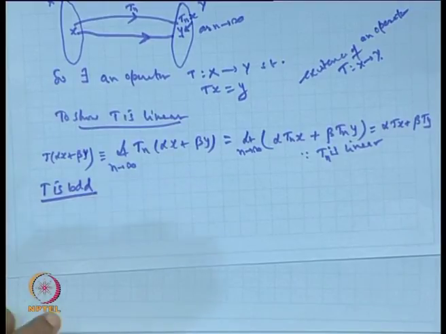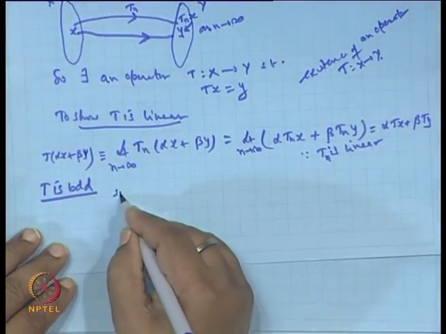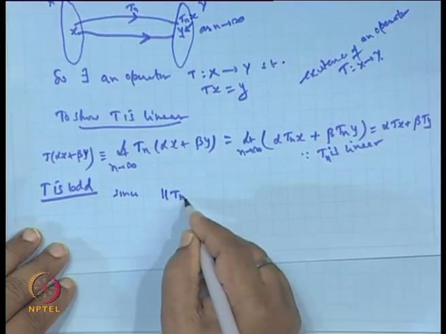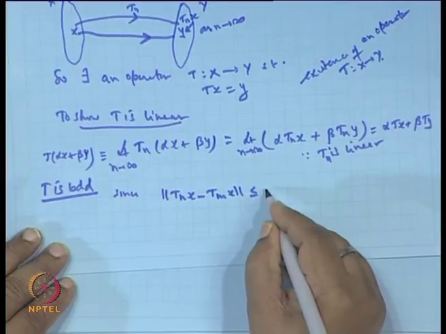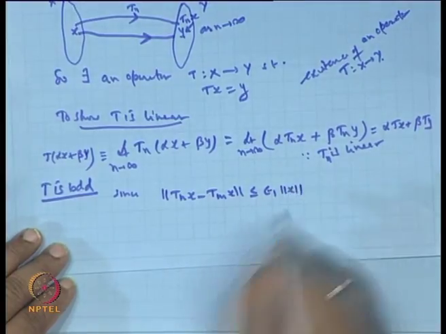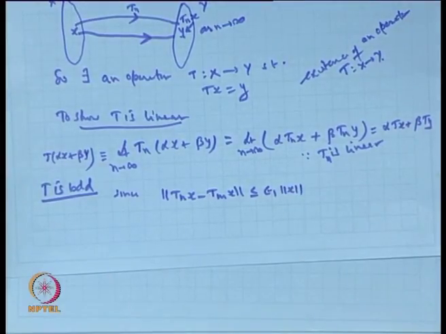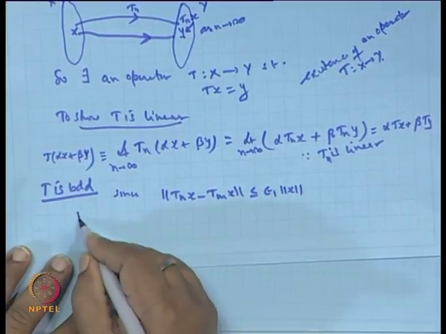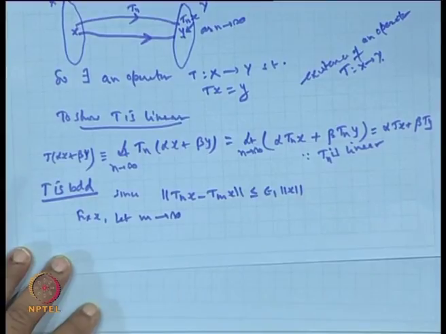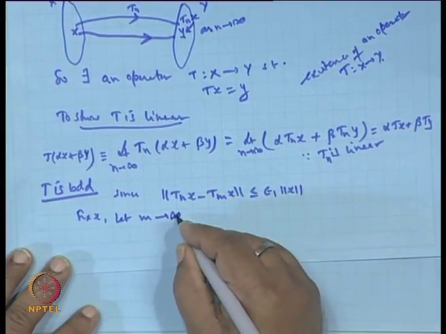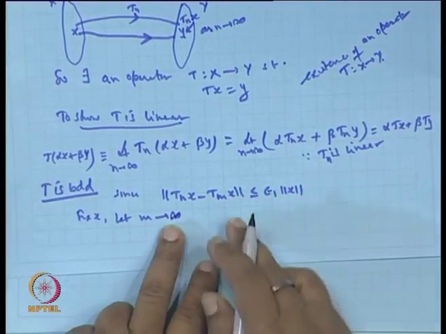Now, T is bounded. This I will do from here, since norm of T n x minus T m x is less than or equal to epsilon 1 into norm x. This we have shown. So, now let us fix x and let m tend to infinity.